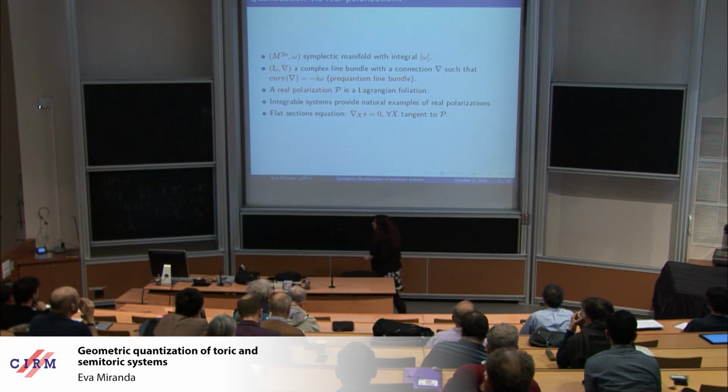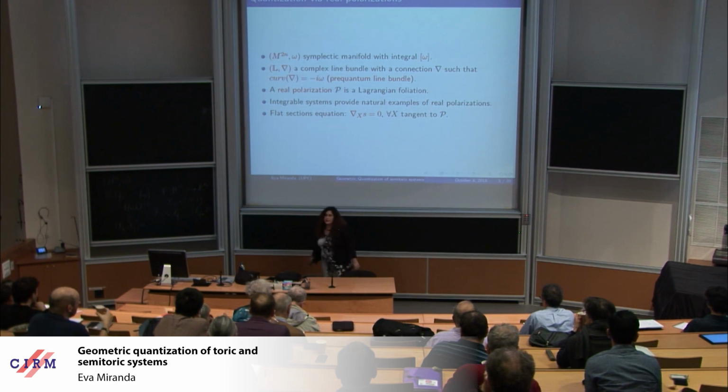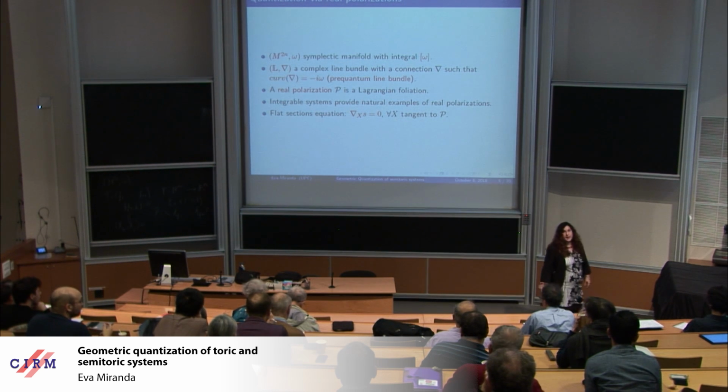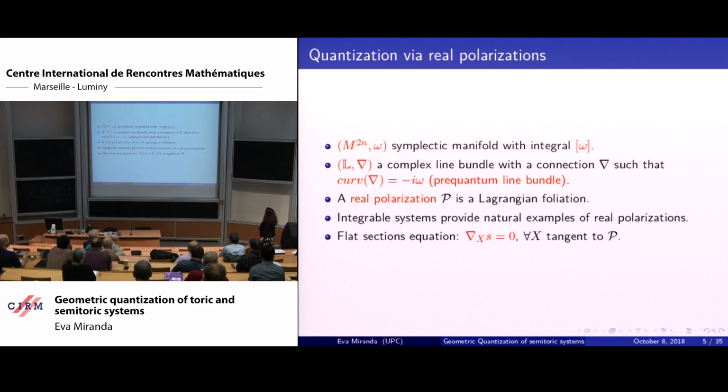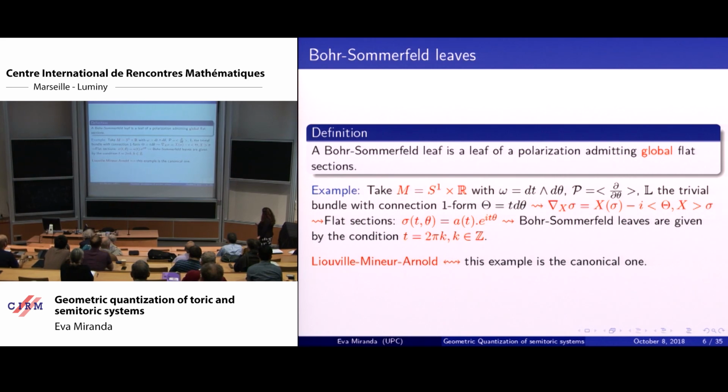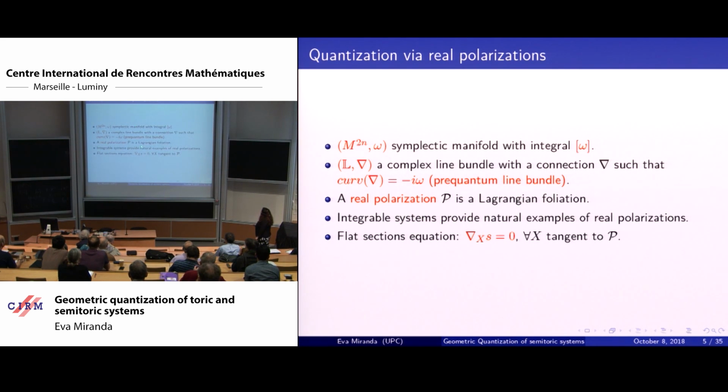I have a fibration, and in the general Lagrangian case, I may have very strange behaviors, okay? So when I talk about the flat sections equation, with respect to this connection, I mean the solutions to this equation, sections of the line bundle.